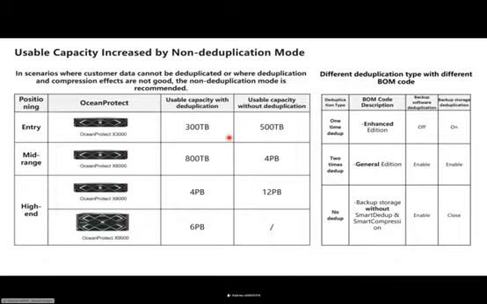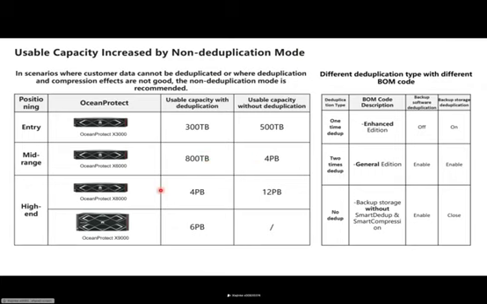So in this scenario, we can provide even higher usable capacity. For example, for the X6000, if we enable the deduplication feature, we can only support 800 terabytes usable capacity. But if we disable the deduplication feature on our storage side, we can support even 4 terabytes usable capacity.